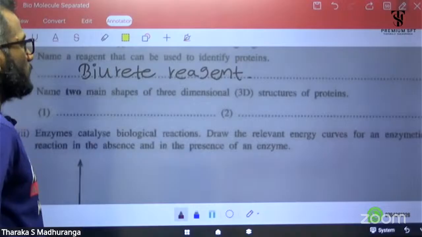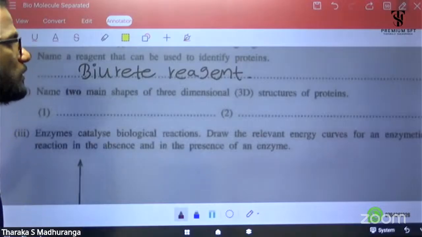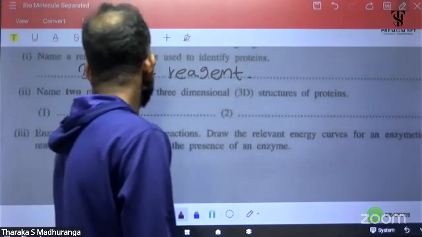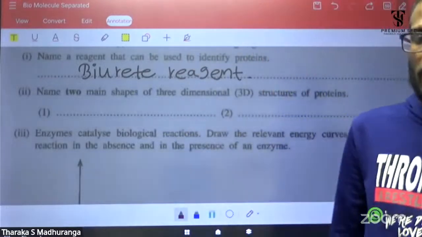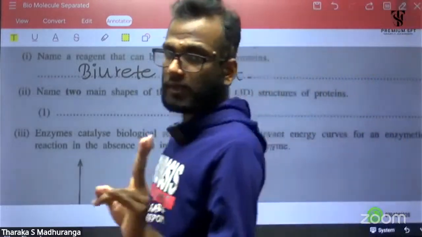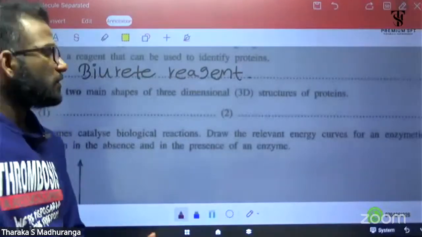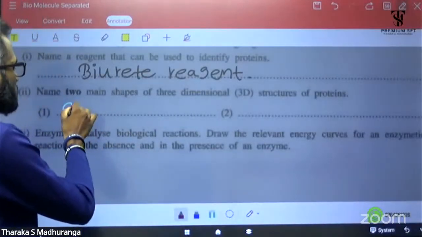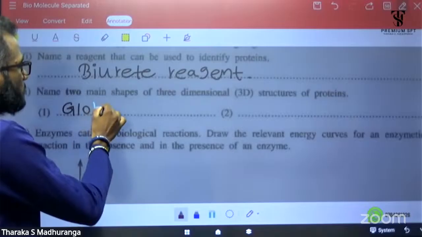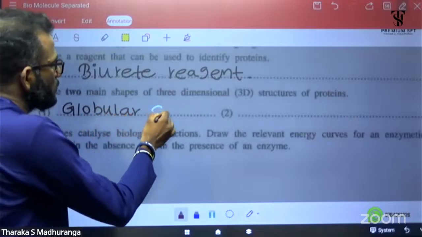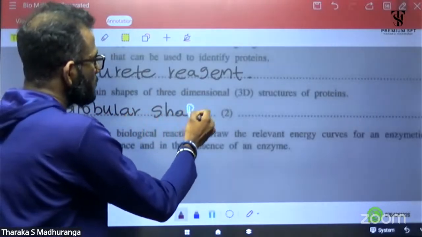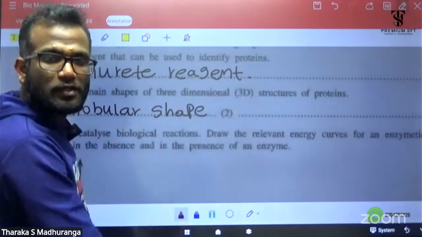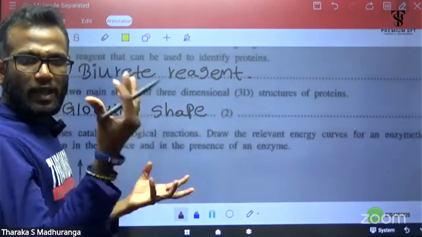Name two main shapes of three-dimensional structures of protein. What are the two shapes? The first one is the globular shape. The 3D shapes are mainly two types. Globular shape, like albumin.